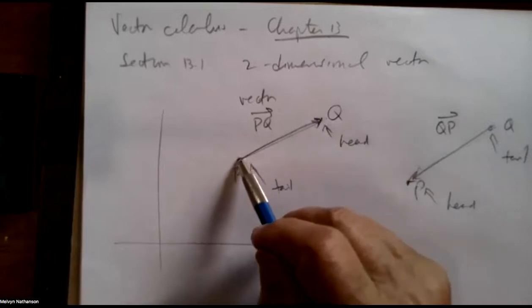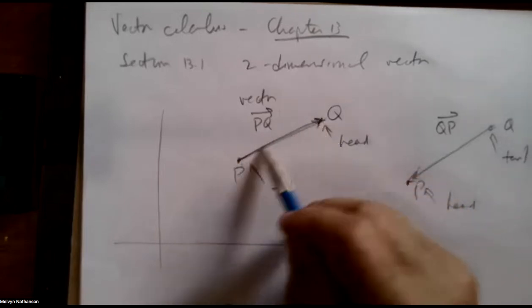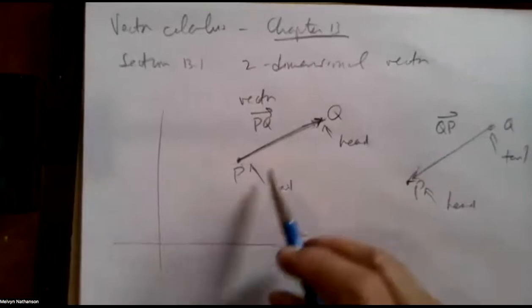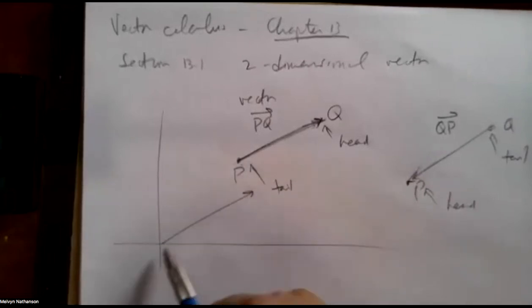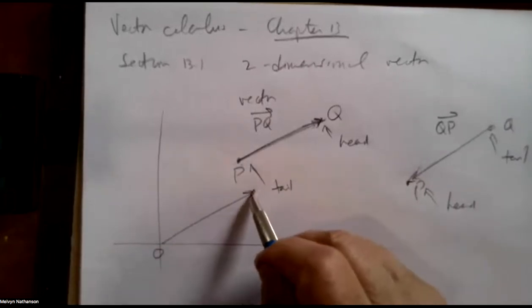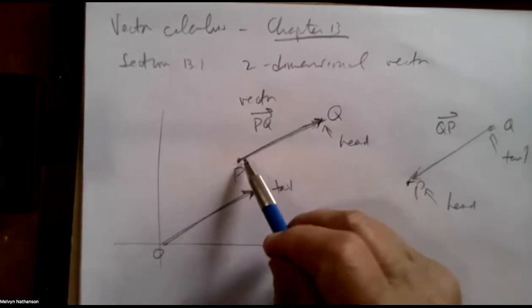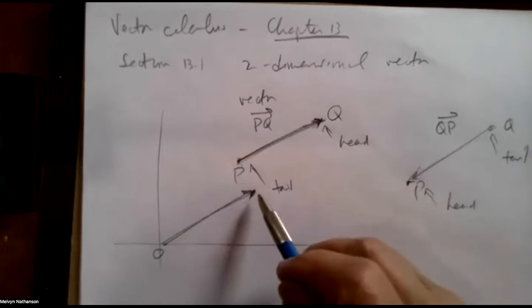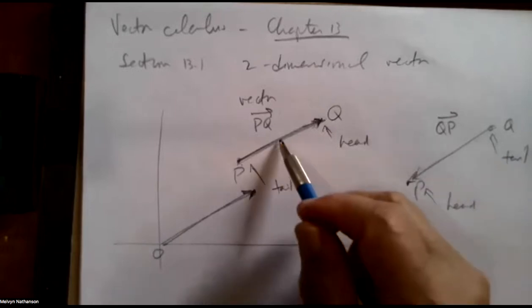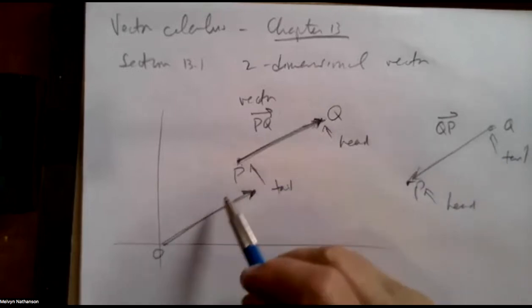What matters is the direction of the vector and the length of the vector. So if I take a vector, say from 0 to some point over here, if this vector is parallel to this and the same length and in the same direction, then we say these are equal vectors.